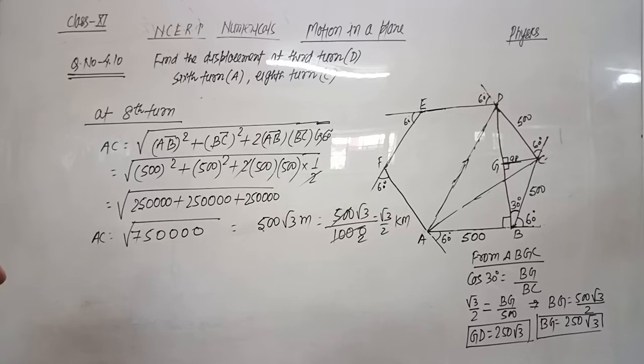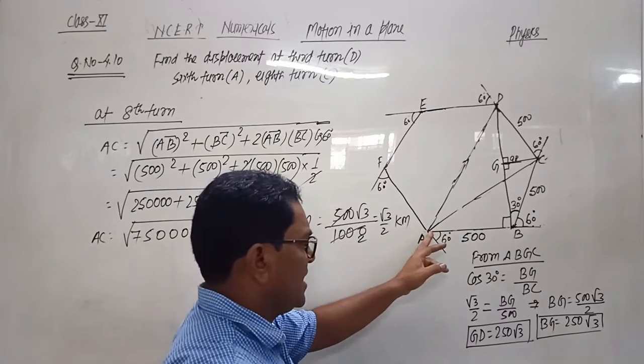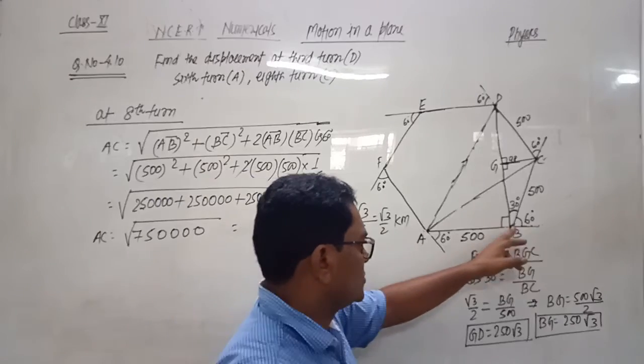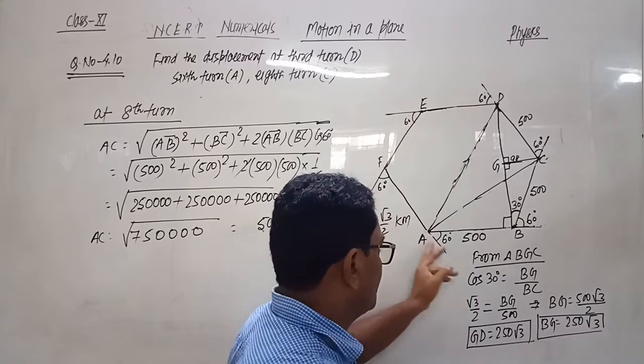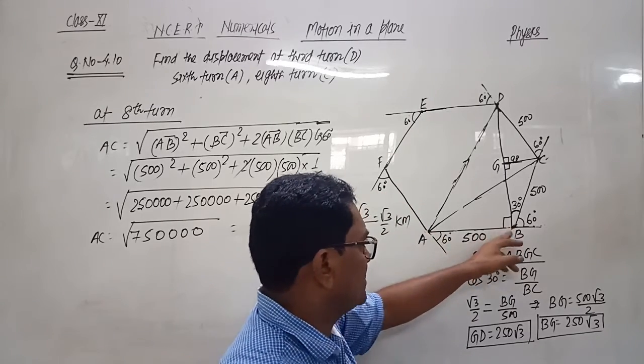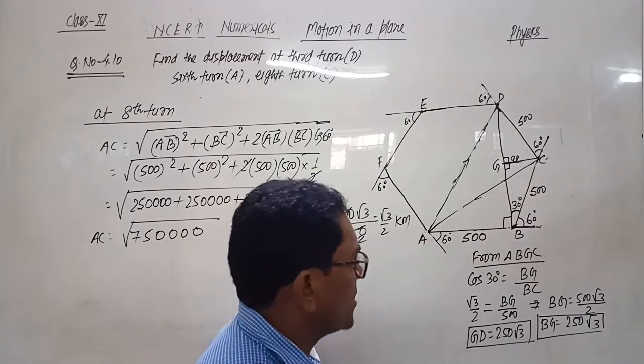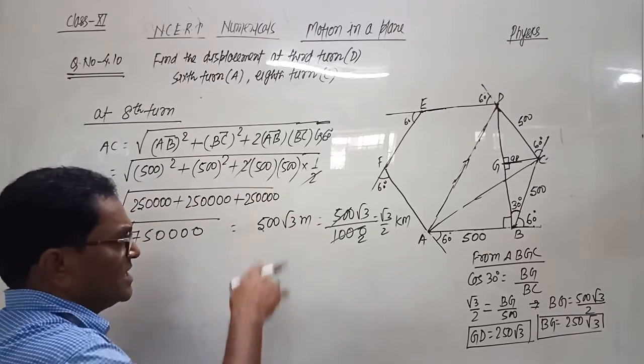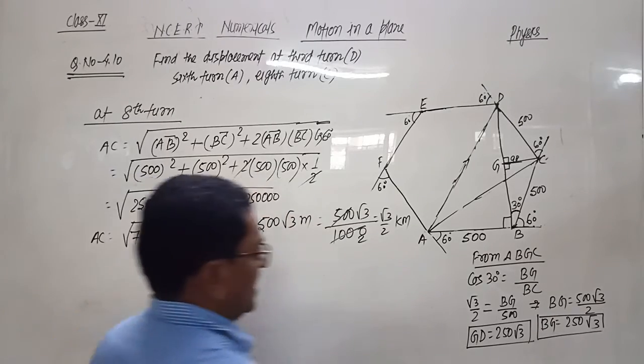Now we find the actual path length covered when the motorist is at point C. The motorist started from point A, then goes to B, C, D, and after complete revolutions again reaches point C. So he has completed the 8th turn.